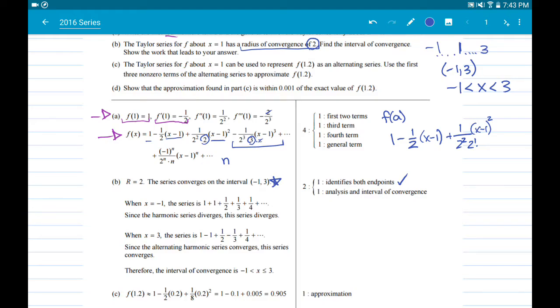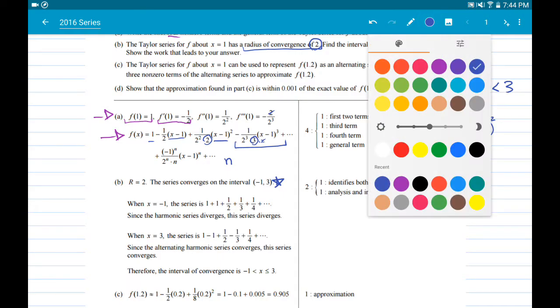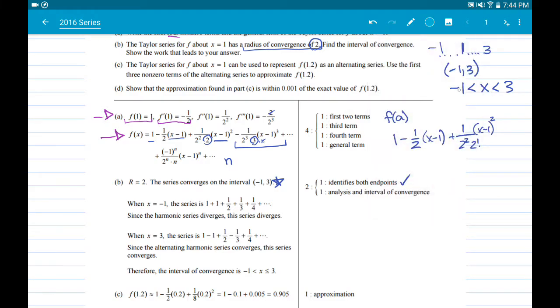And then I haven't talked about this too much yet. A couple of you have asked me individually, but the last thing to ask yourself is, it converges on every value in between negative 1 and 3, but does it actually converge at the endpoints?